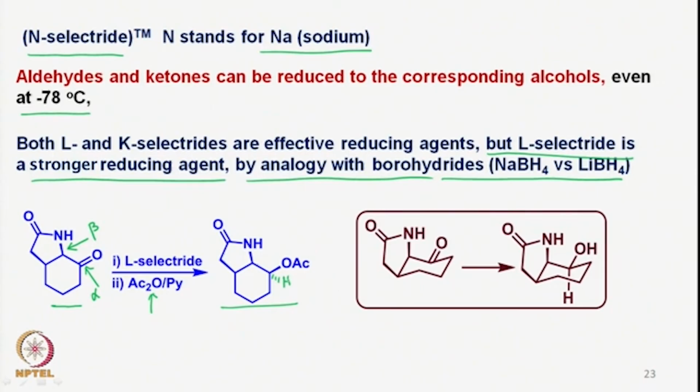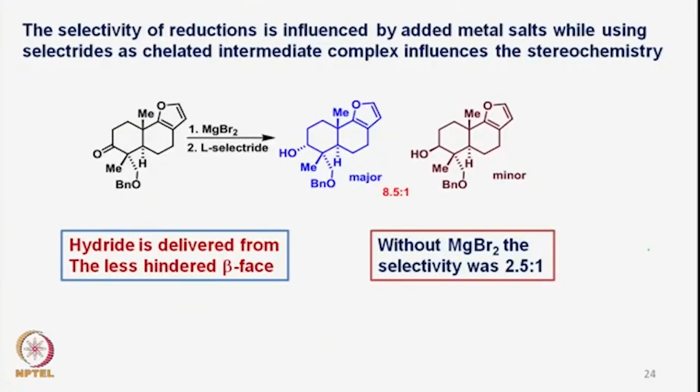As we can see in the same molecule in its conformation, this group and this group are beta oriented and therefore reduction occurs from the alpha side. So you have the reduction in a highly diastereoselective fashion, and then of course you take acetic anhydride and pyridine to convert this to the corresponding O acetate. So this is an example in which we can expect the reduction to take place.